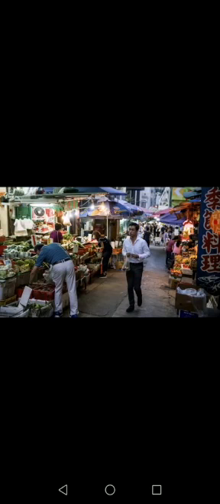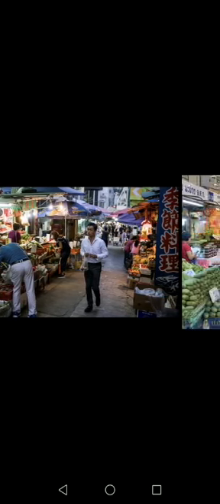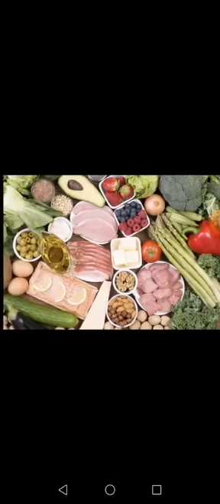This is market. Here we have a market, food market, or anything, okay? In the market we can find food or things or antiques or anything, okay? So this is an example of a food market, okay? The next word is shop.